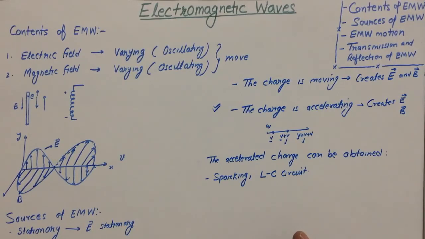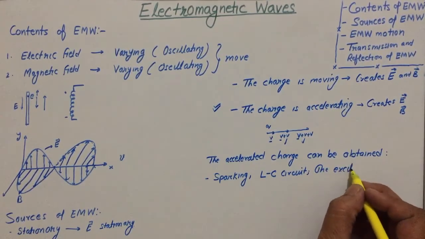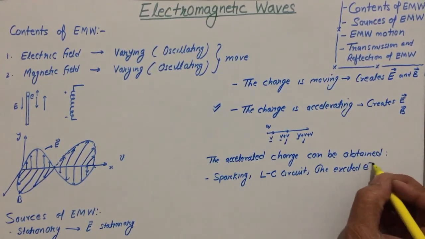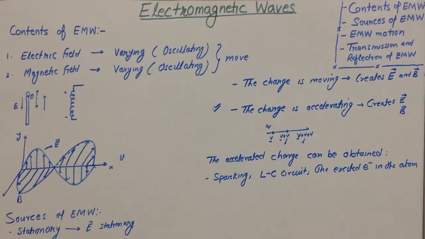And we can say the excited electron in the atom. When electron jumps to the next higher energy level and it comes back to the previous one, it oscillates with the extra energy.